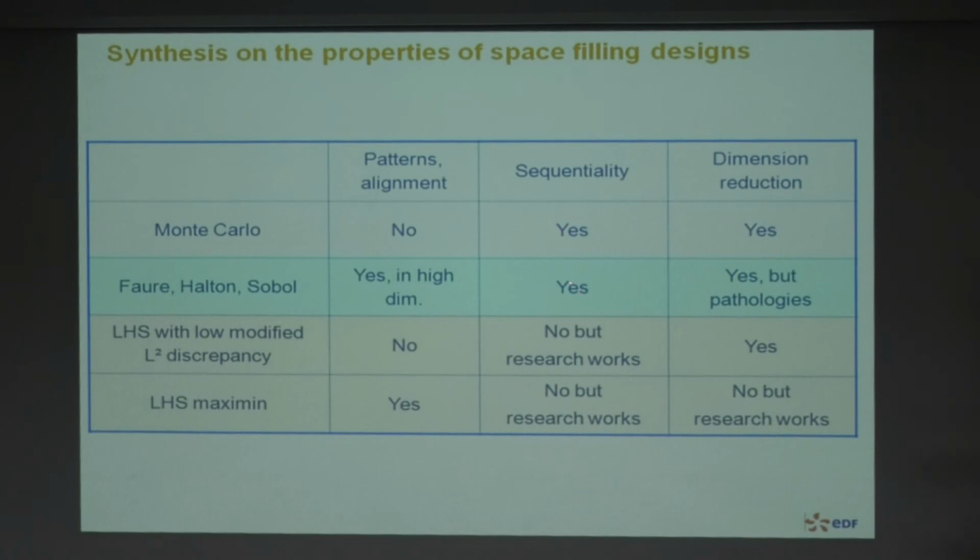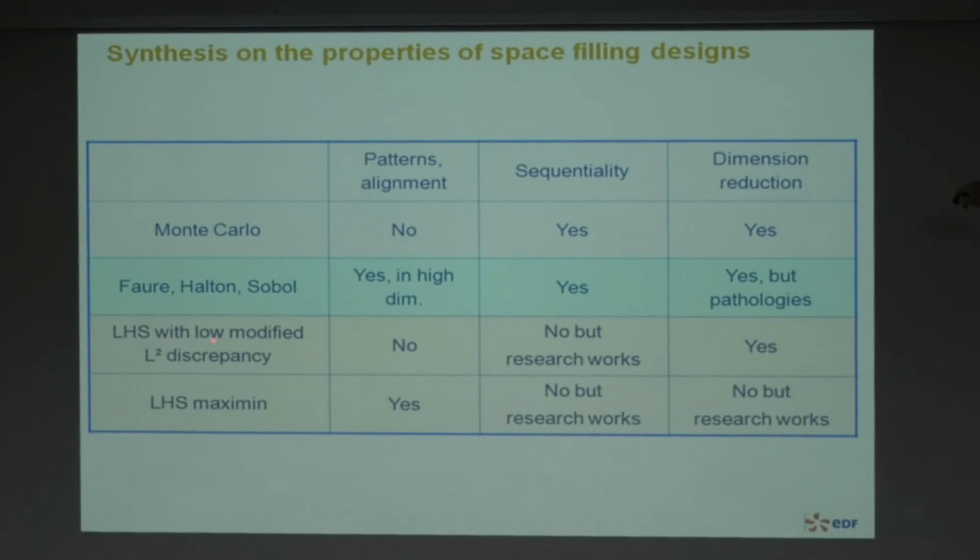With Sobol, we have this property. I have explained that this is a regular construction, point by point. And last, the dimension reduction that I have explained, when I have some robustness when I take the sub-projections. So you see that, for example, this one is interesting.